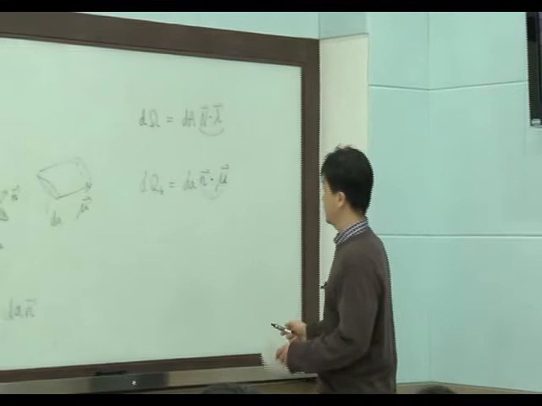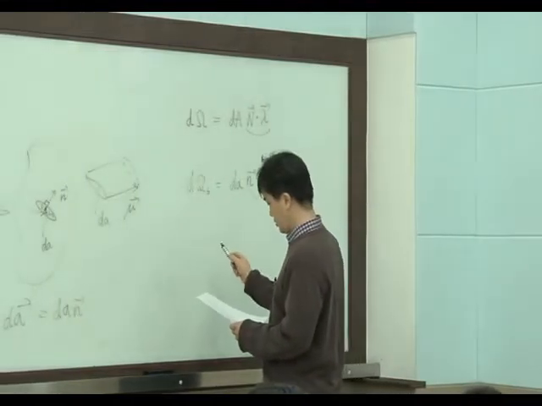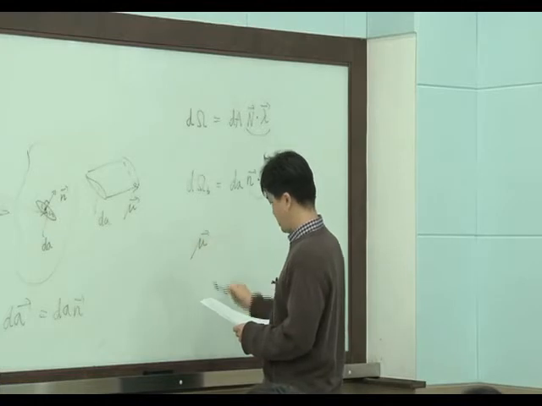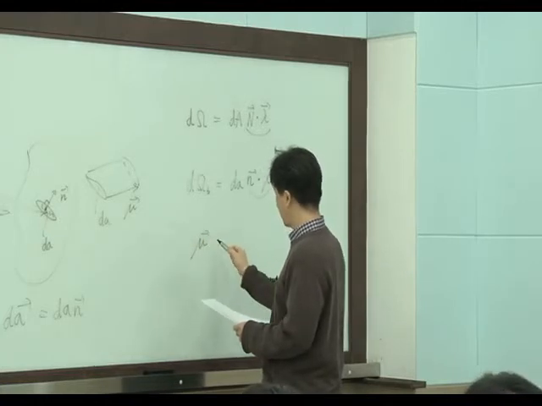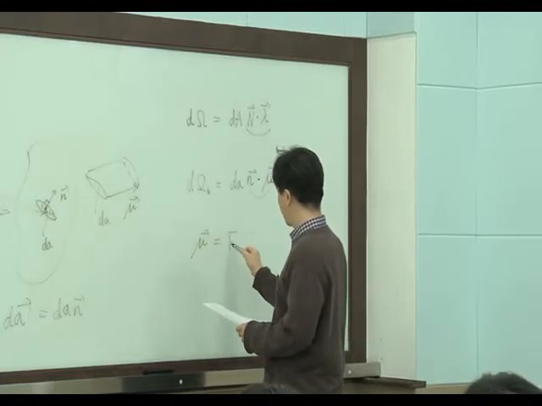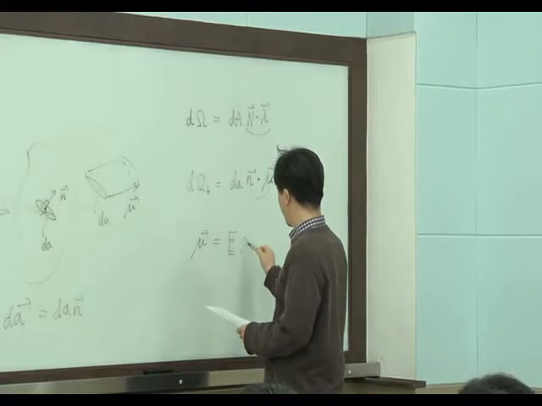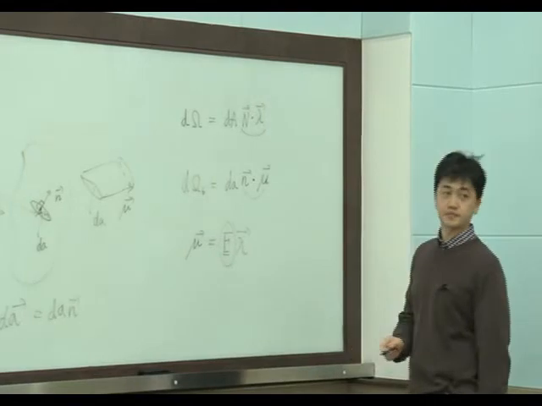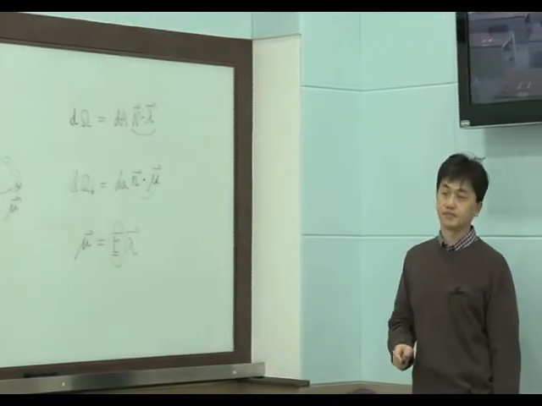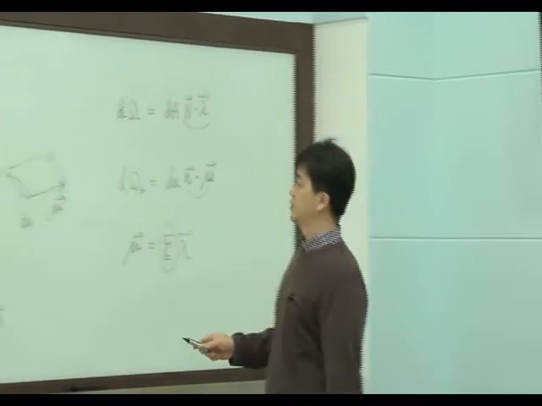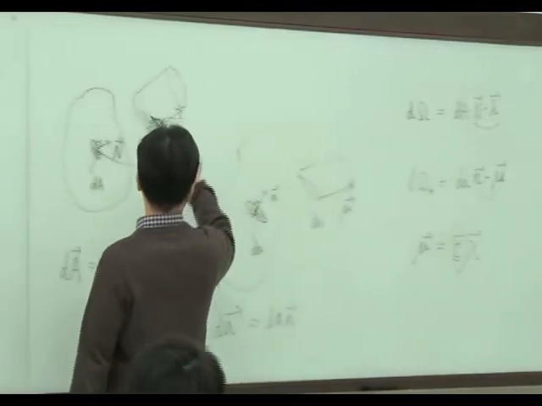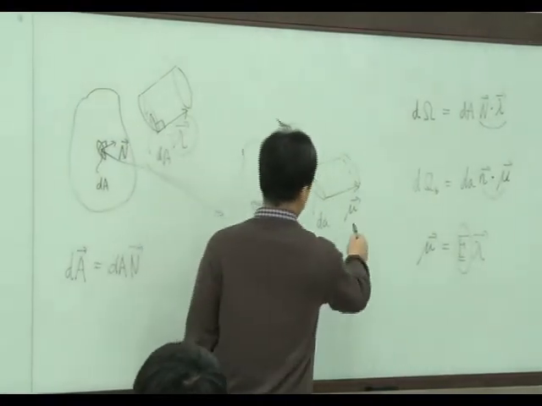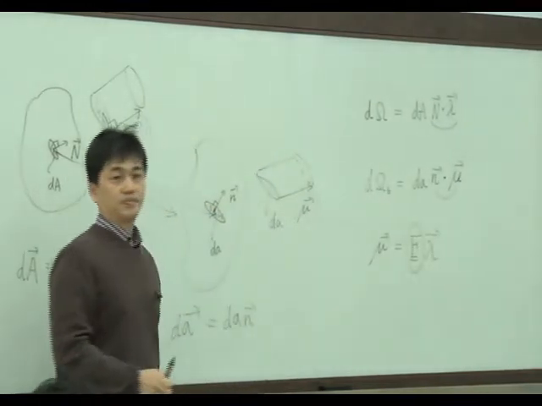Here we know the relation between the two vectors mu and lambda. Mu equals F lambda, right? This is the deformation tensor. So this vector is changed to this small vector.